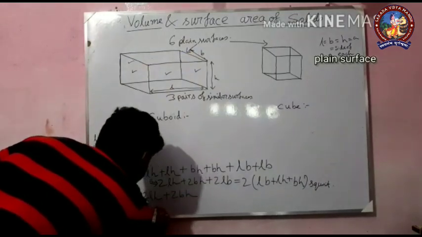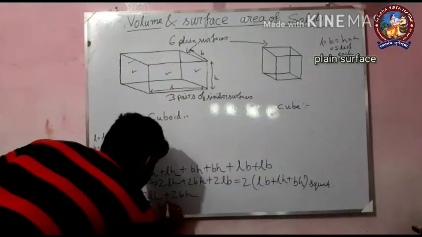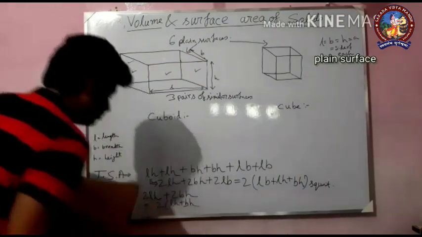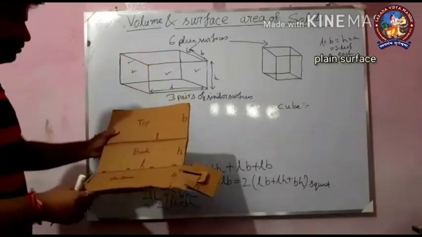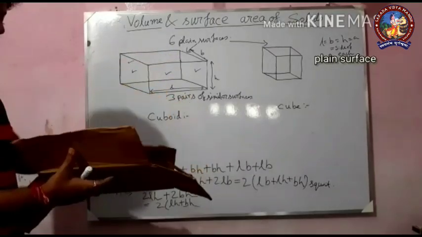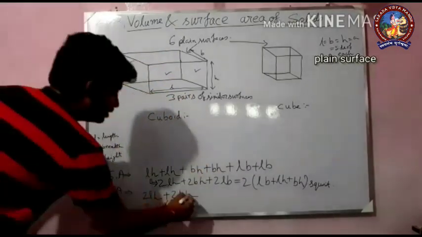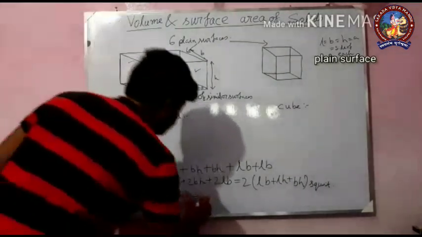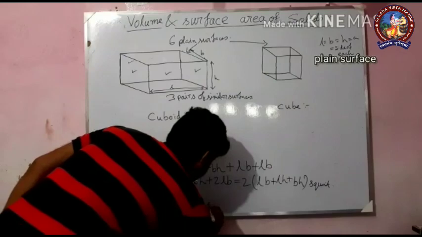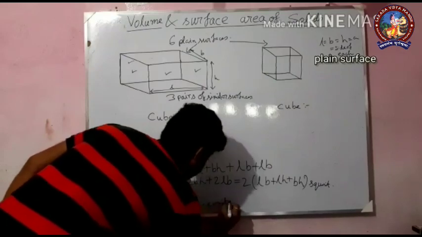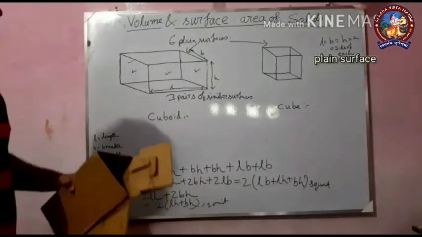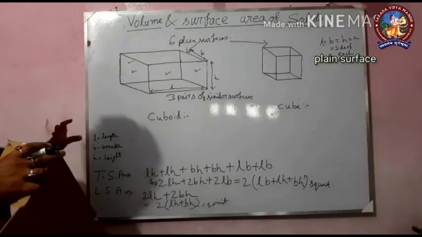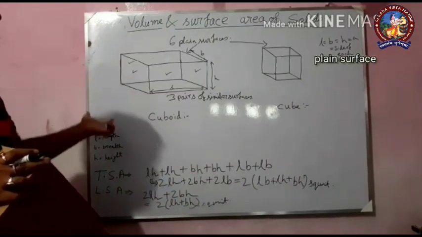So the lateral surface area is 2 into (LH plus BH). This is the lateral surface area of the cuboid, and the unit will be square units. This was the total surface area concept of the cuboid.